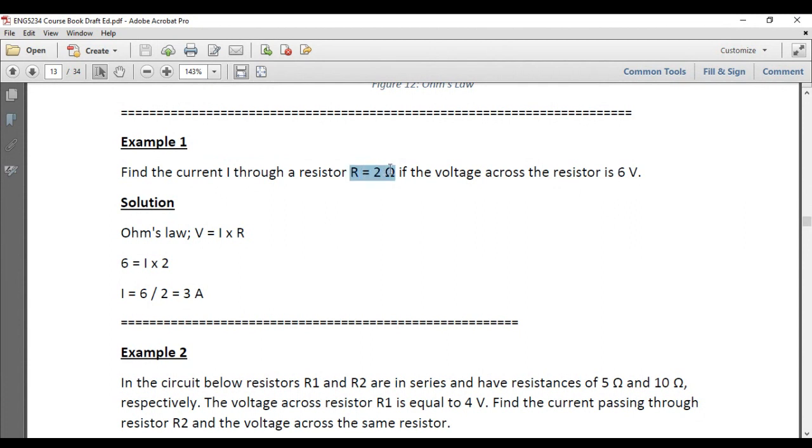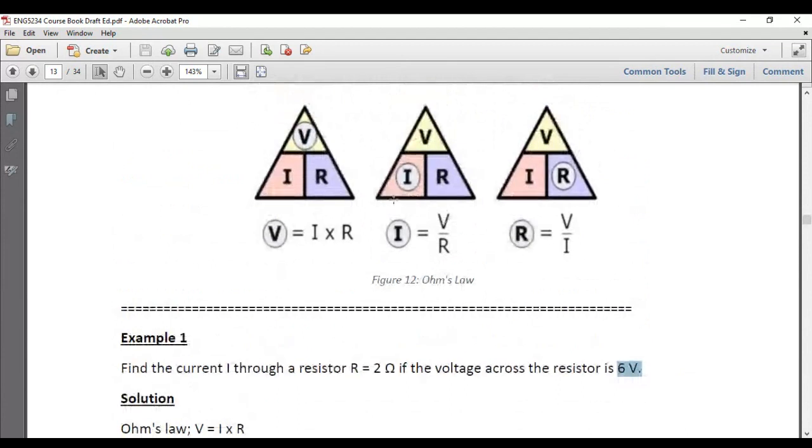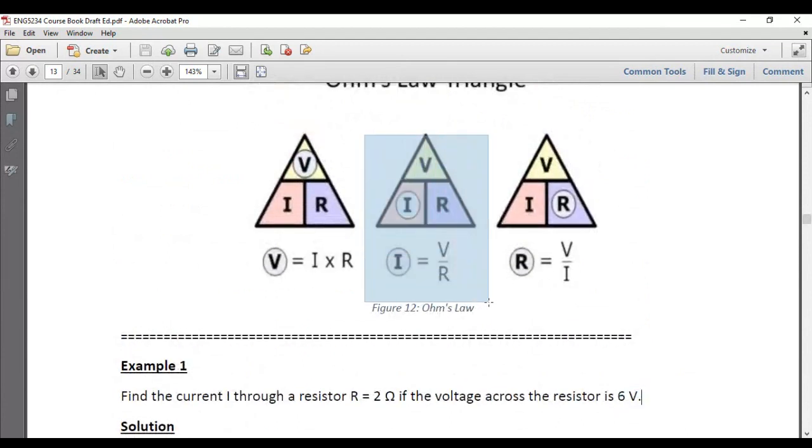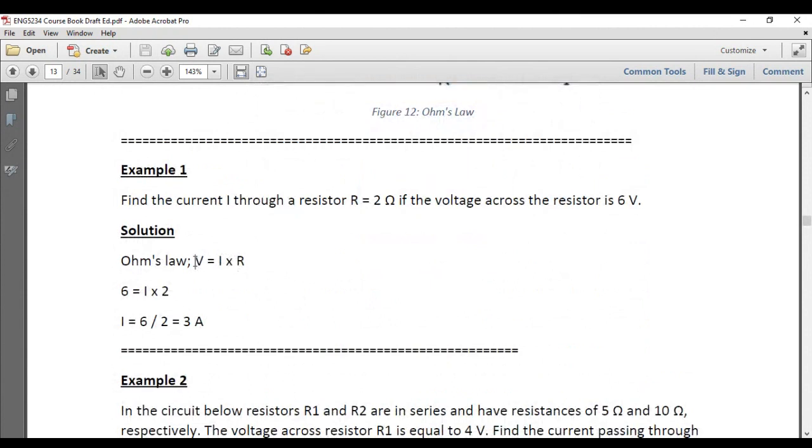The first one is a very simple example. If the resistance is 2 ohms and the voltage is 6 volts, you need to find the current using this triangle here. So current is equal to V divided by R. You simply use this formula, or you can just write the common form and enter the values.